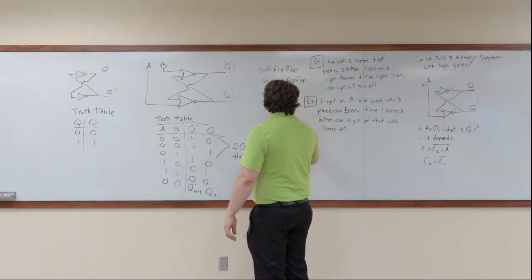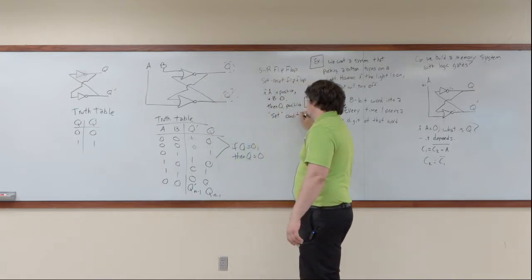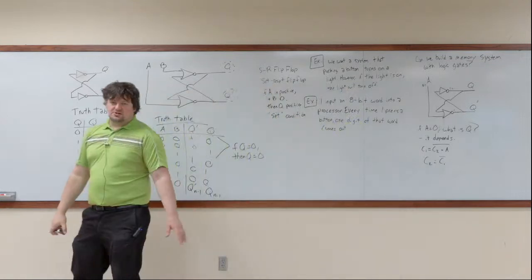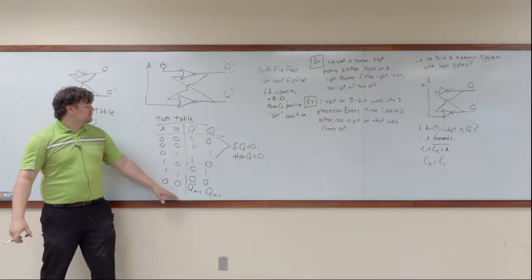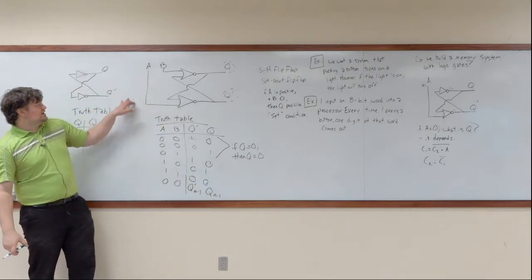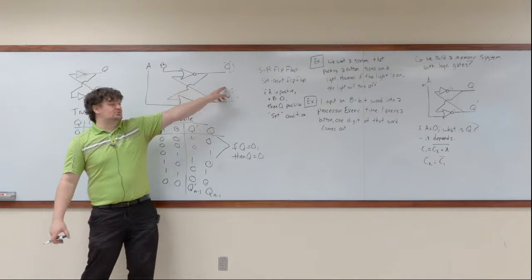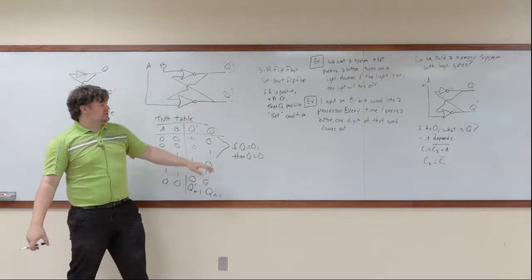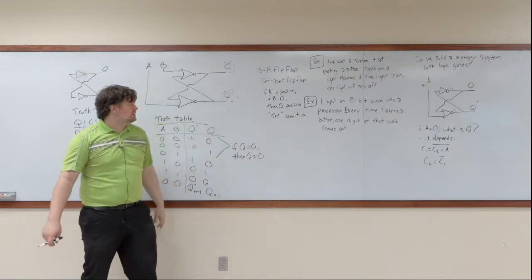And this is called a set condition. Okay, so here, this at 0, 0, when they're both off, it's just going to stay whatever it is. If we turn A on, it's going to force Q to also be on. That's called a set condition. Okay?